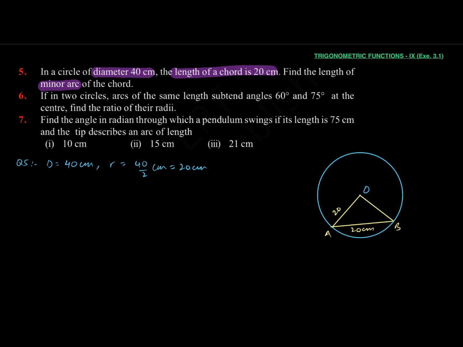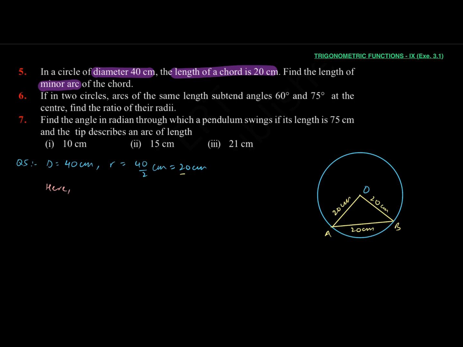Here OA is the radius, so it will be 20 centimeters, as radius of the circle is 20 centimeters. And OB is also the radius of the circle, so this will also be equal to 20 centimeter. Observe that all sides of triangle OAB are equal, so triangle OAB is an equilateral triangle.